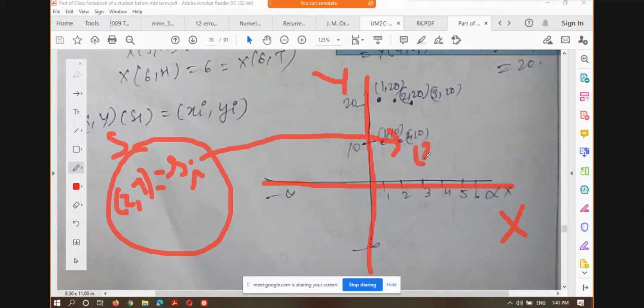This is (2, 10), because on the x-axis it takes the value 2 and on the y-axis it takes 10.